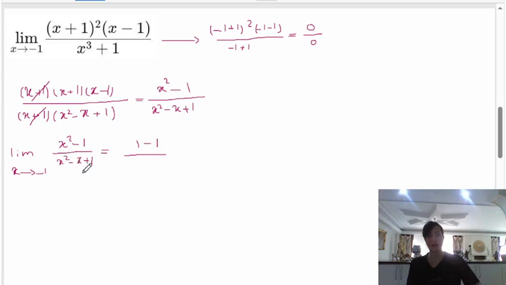And for the denominator, I will have (-1) to the power of 2, which gives me 1, and minus -1, again 1, plus 1. So I will have 3 in the denominator. For the numerator, I have 0. For the denominator, I have 3. So the value of this limit is 0. My limit here is 0.